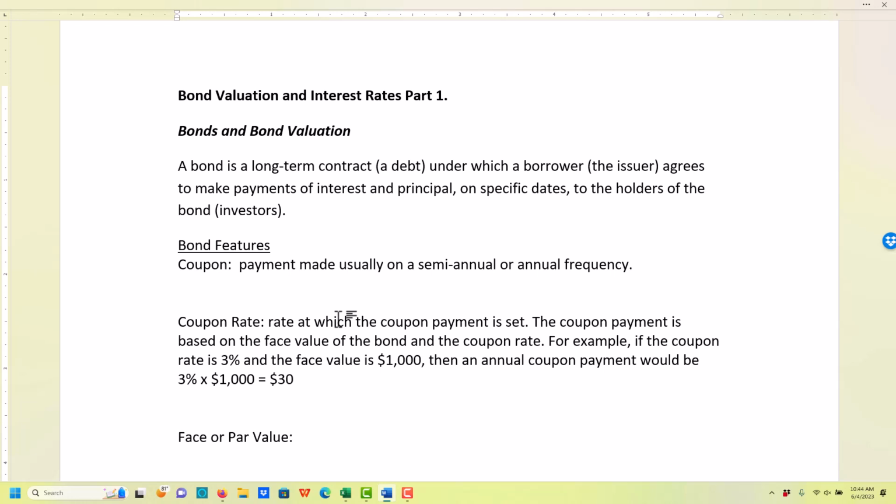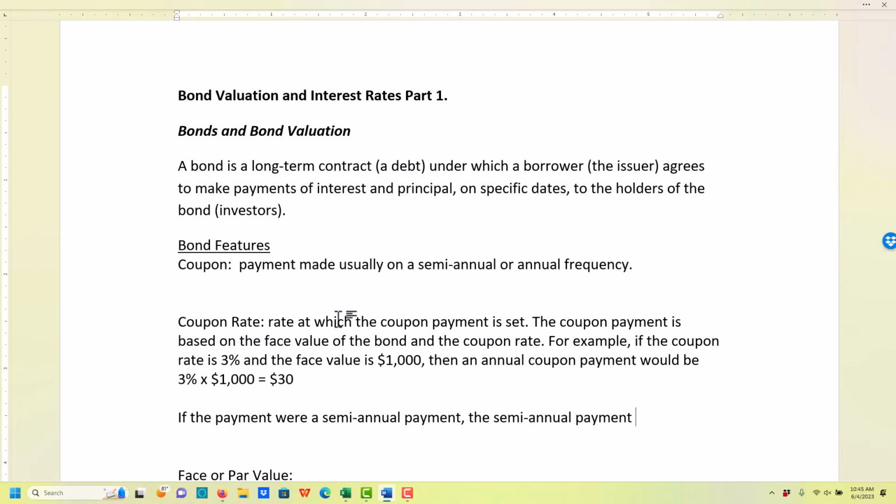If the payment were a semi-annual payment, the semi-annual payment would be 1/2 of the annual payment.